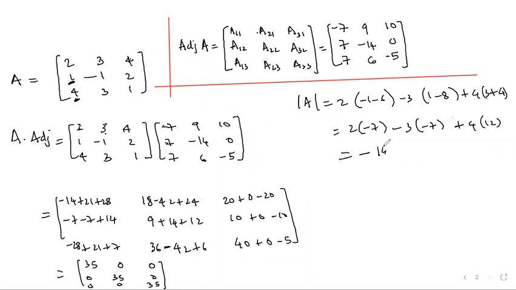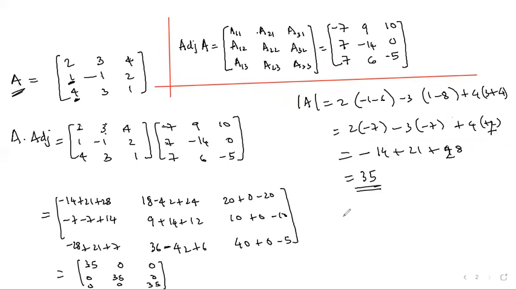So minus 14 plus 21 plus 28. So you will get the answer as 35. So this 35 is nothing but the determinant of A.